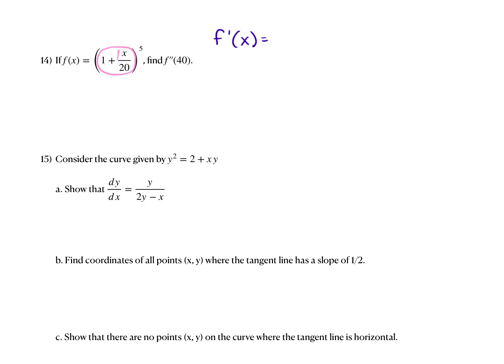So the derivative of that is 1 over 20 times. Now I'm going to do my outside derivative, which is the power of 5. So that derivative is going to be a 5 times something to the 4th power, right? That's how you do a derivative of a 5th power. And on the inside of that is going to be exactly what's circled in the pink in the step before this.